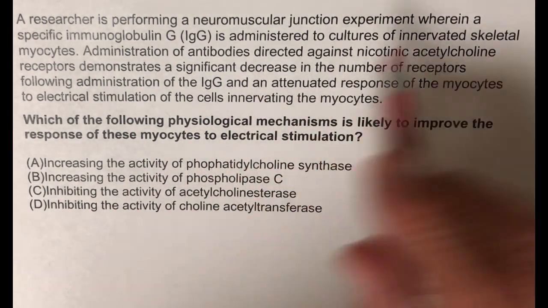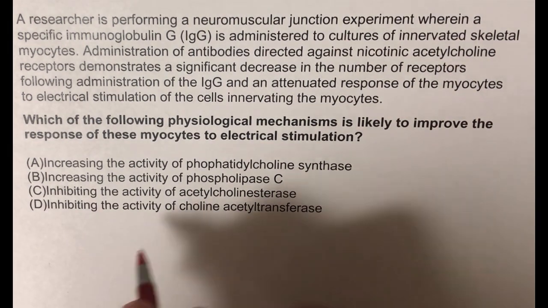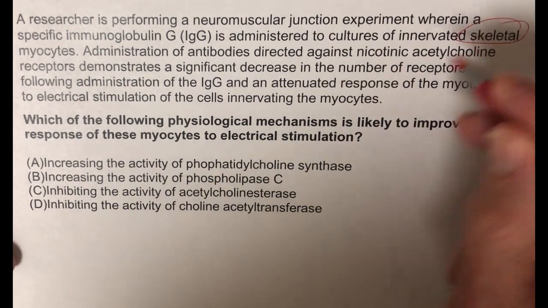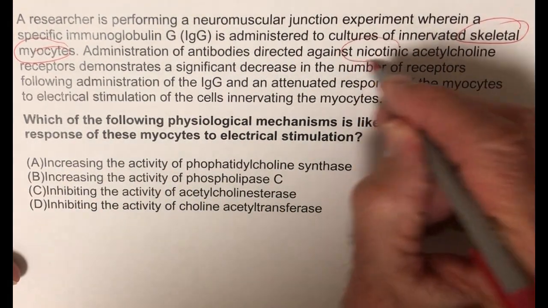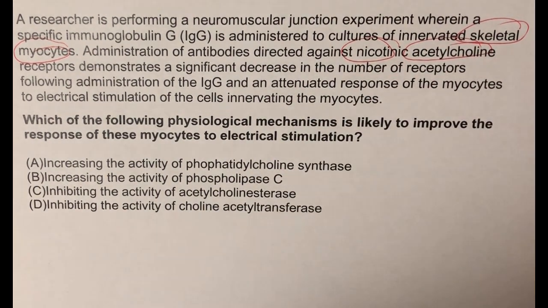So we see here there's a clinical vignette that involves some research, and the topic seems to be skeletal myocytes or skeletal muscle. That's very significant. Nicotinic acetylcholine receptors, we know, are found on skeletal myocytes. The question is whether the response to electrical stimulation of the myocytes can be improved.